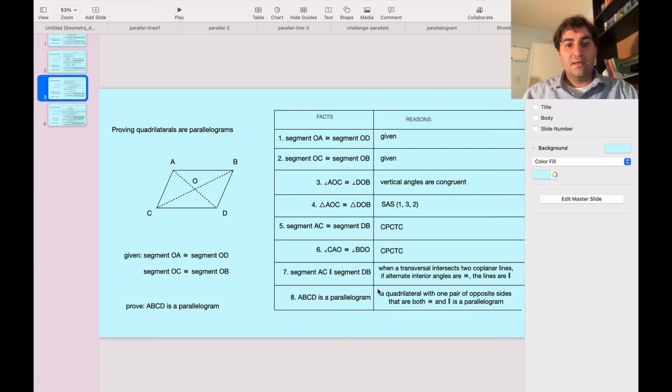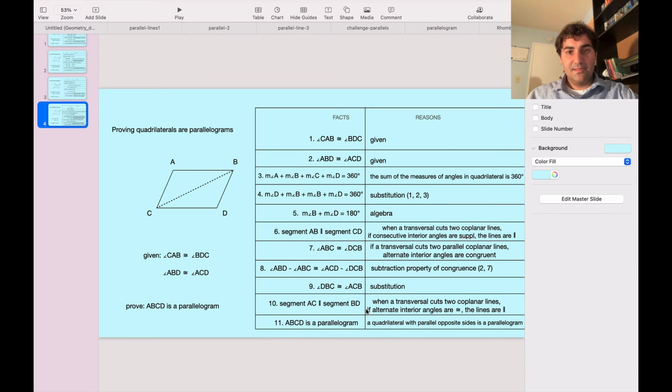So that's what we're using here to finish off the proof, right? We know that the segments AC and DB are congruent and also parallel. So we just use what we did in our last slide to conclude that it's a parallelogram.